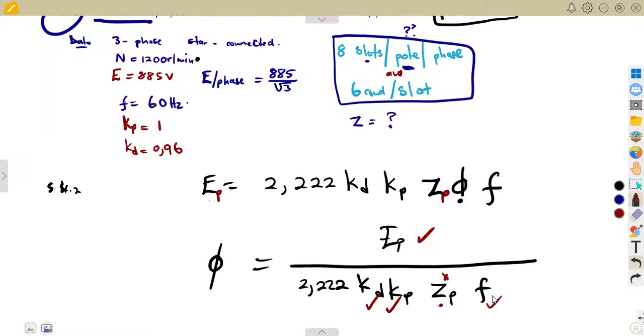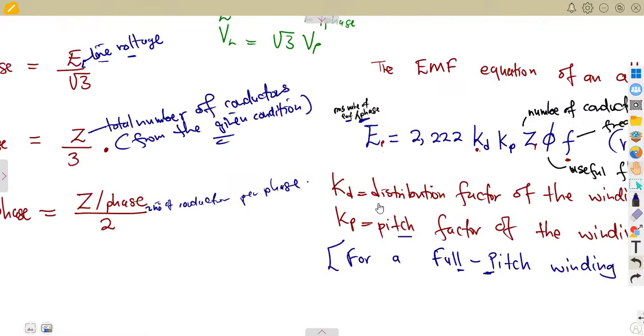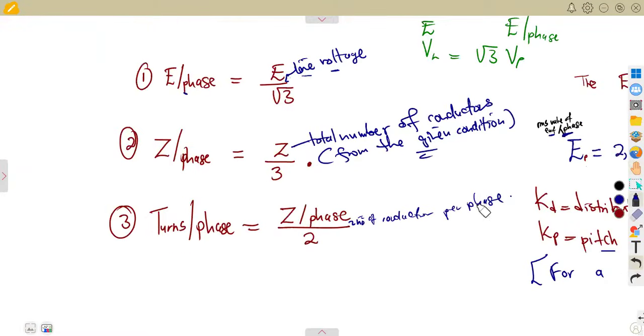The frequency is given. So ZP is the number of conductors per phase. Remember, I talked about this. Z per phase, which is the number of conductors per phase, is going to be equal to the total number of conductors divided by 3.